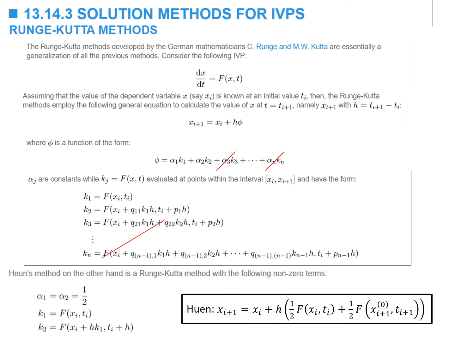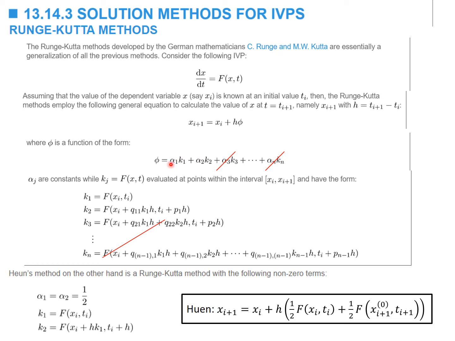The Heun method, if you remember, x sub i plus 1 was equal to x sub i plus h multiplied by the average of the slope at the first point and the slope at the final point, the sum divided by 2. As an example of the Runge Kutta methods, we only have the first two terms.